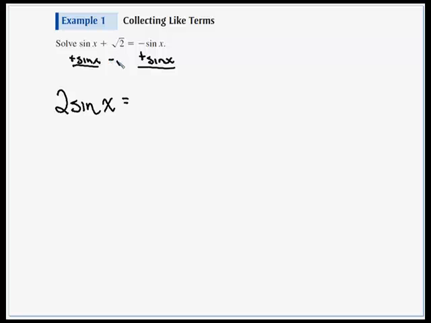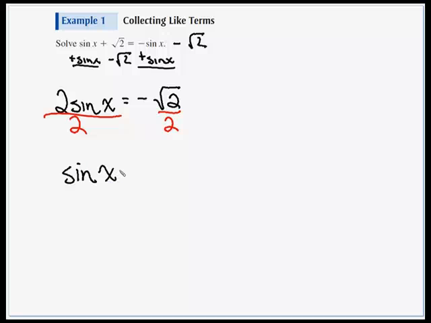I'm going to subtract that from each side, so on the other side I'll have a negative square root of 2. And now I want to get sine alone, so I'm going to divide by 2. So we know that the sine of x equals negative root 2 over 2.